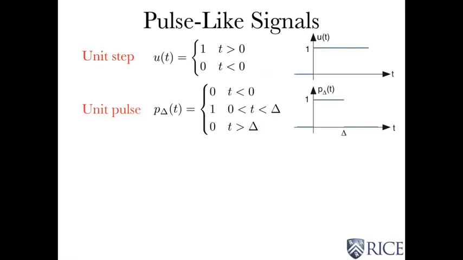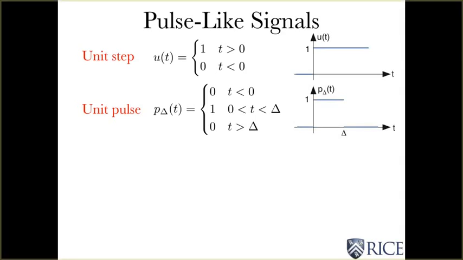So, another signal that has discontinuities is what we call the unit pulse. And by the way, the word unit here refers to the fact that the amplitude of this pulse, the amount it jumps, the size of its discontinuity is 1. So the amplitude of this pulse is 1 because it's a unit pulse.